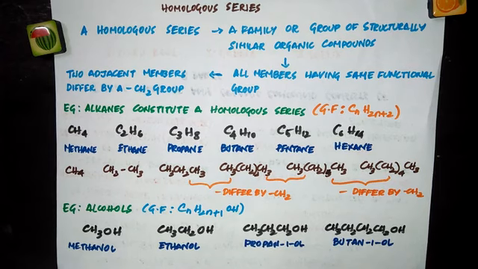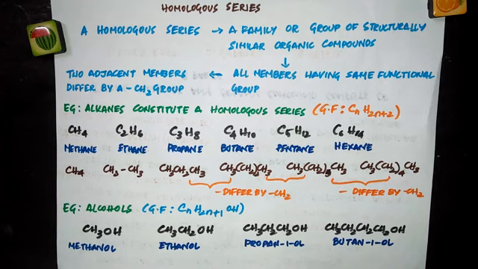You can define a homologous series as a family or group of structurally similar organic compounds in which all the members contain the same functional group, show a gradation in physical properties and similarity in chemical properties, and any two adjacent members in that family differ by a CH2 group.